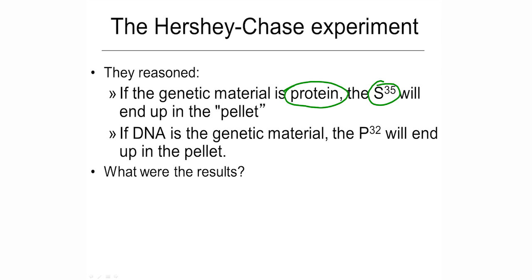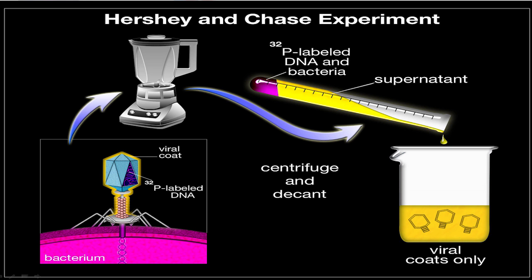Conversely, if DNA is the genetic material, the P32-labeled strain, which is labeling the DNA, the radiation will end up in the pellet in that case. So what actually happened? I'm sure you can guess.